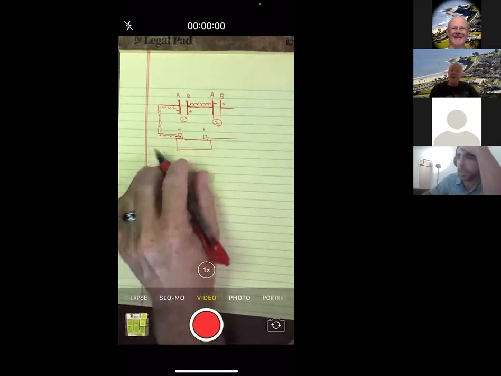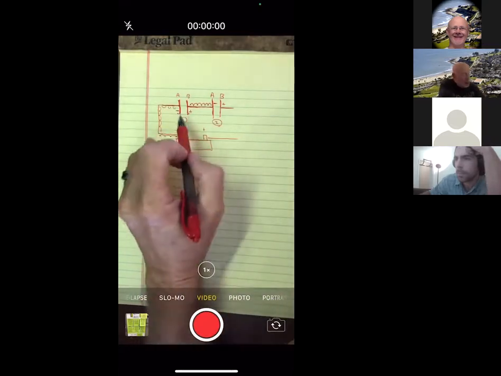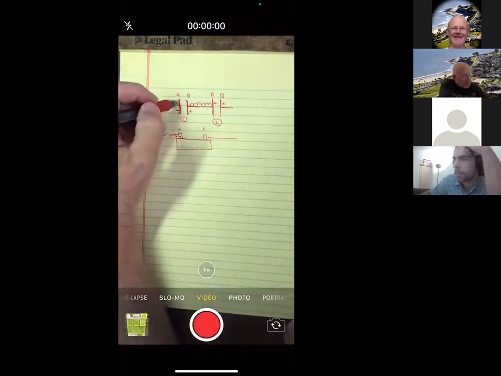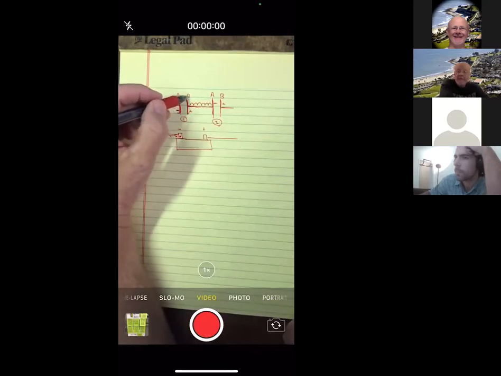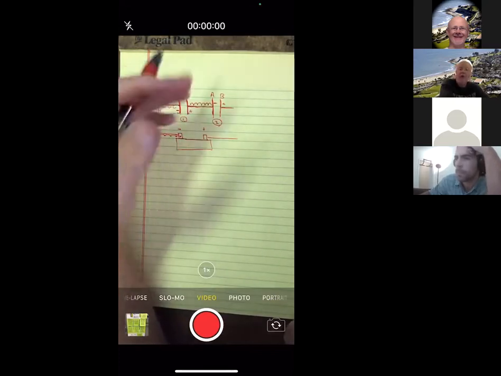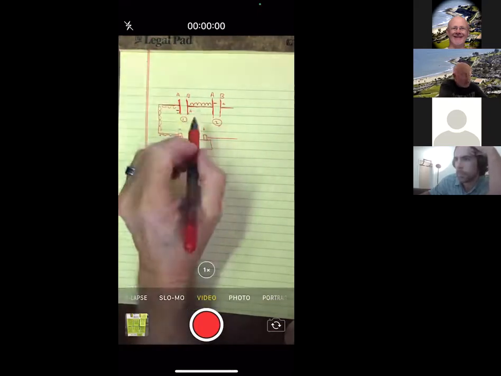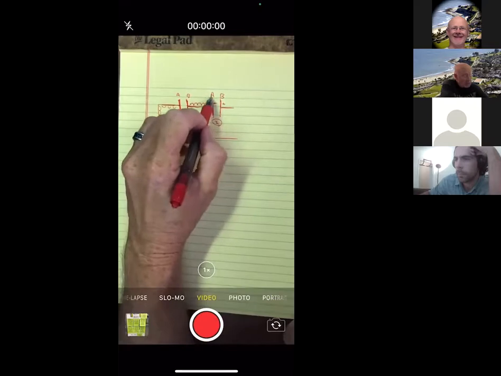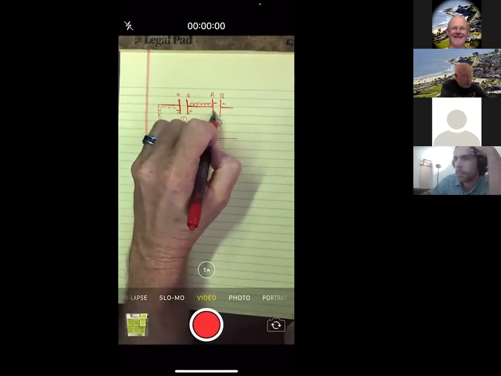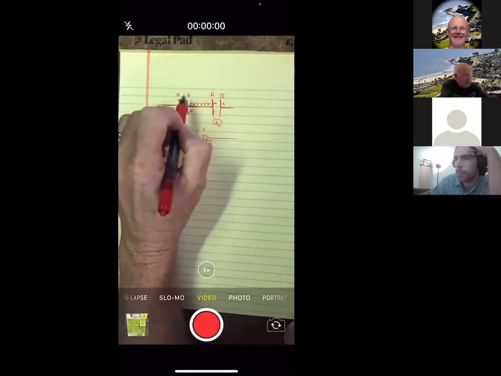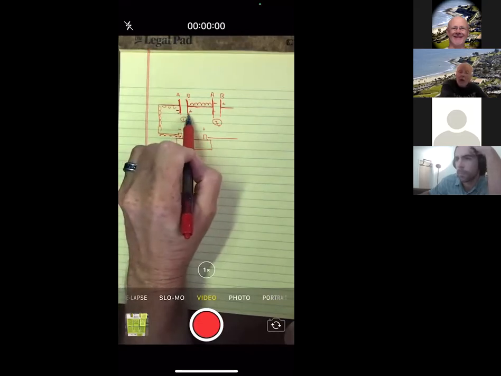But notice two things. One, notice that the magnitude of the charge on plates A and B are going to be the same. One is going to be positive and one is going to be negative. Then notice that the charge on plate A on capacitor number 2 is coming from plate B of capacitor number 1.